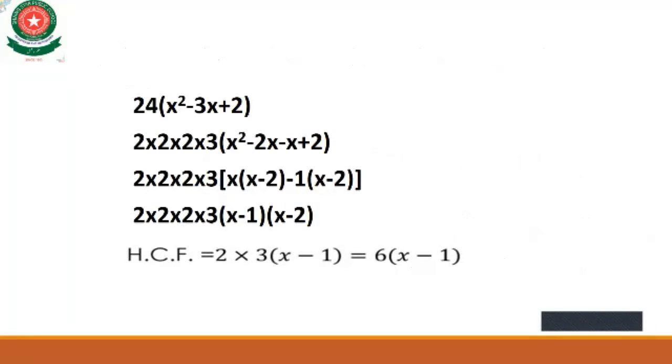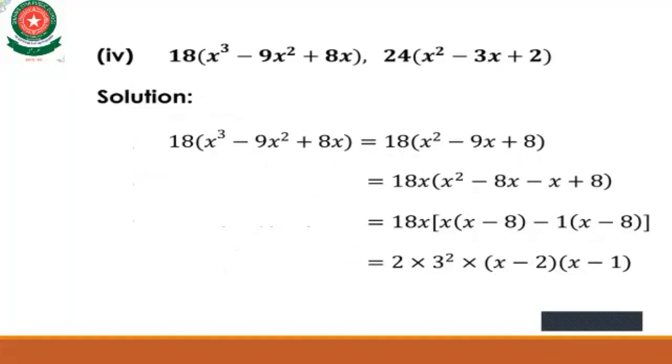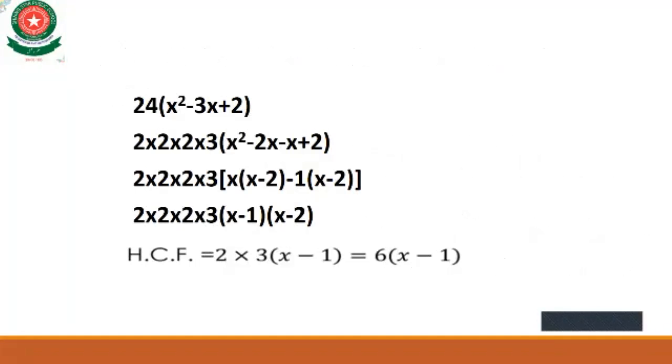So the common factors are 2 into 3, and x minus 1 is present in both the terms. Taking common x minus 1, 2 into 3 is 6, so it is 6 into x minus 1.